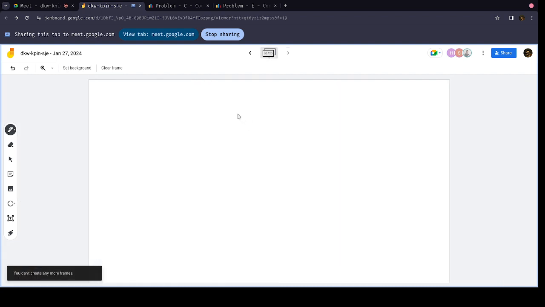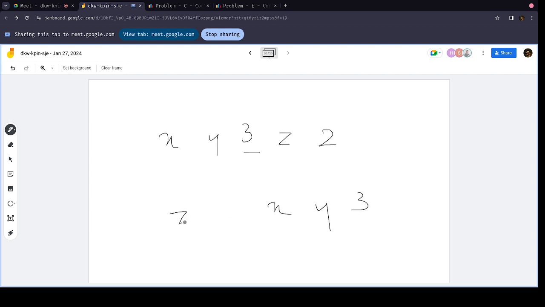So something like x, y, 3, z, 2. If you pick 3 as the fixed point, the array will look like x, y, 3, z, 2. If you pick 2 as the fixed point, it will become z, 2, x, y, 3.